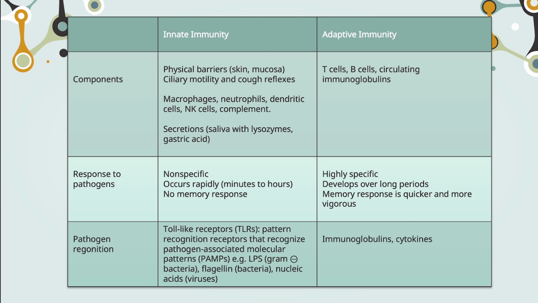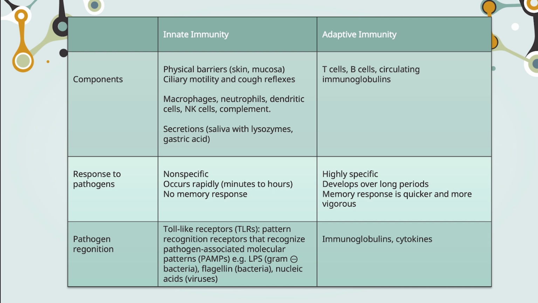Now, unlike innate immunity, the memory response in adaptive immunity is vigorous and quicker, right? In innate immunity, there's no memory response, but in adaptive immunity, the memory response is really robust. Now, what does that mean? It means if we get an infection from the same streptococcus after, let's say, 2 months, our response will be really quick and we don't need a long period of time to adapt.